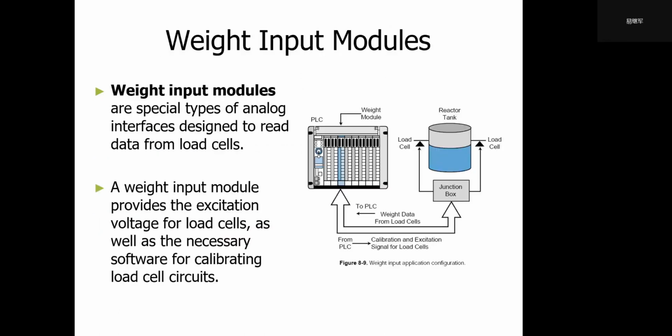The weight input module is a special type of analog interface designed to read data from load cells, and it provides the excitation voltage for load cells as well as the necessary software for calibrating the load cell circuit.